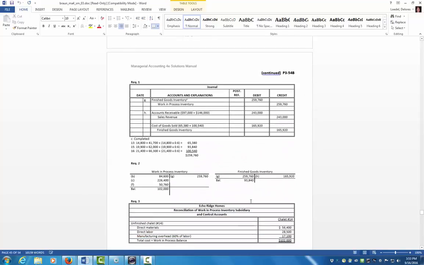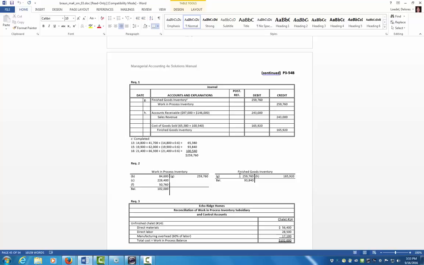All right, we're still not quite done with requirement 1. We still have a few more entries here. So the finished goods inventory. That is what was moved out of work in process and was completed. So the problem tells us in G that the chalets completed were numbers 13, 15, and 16.